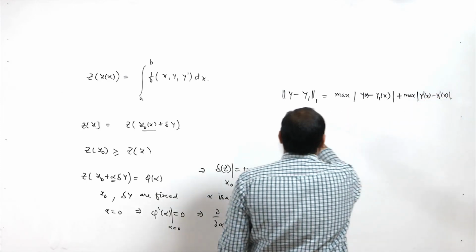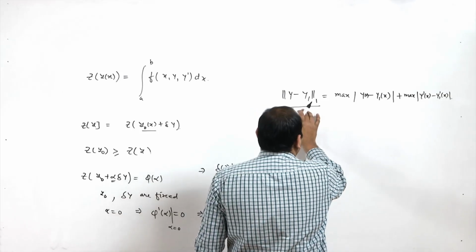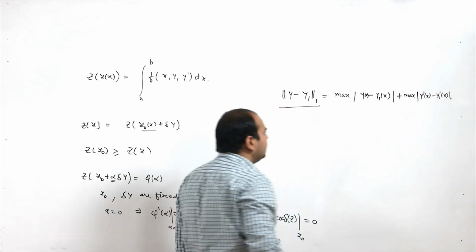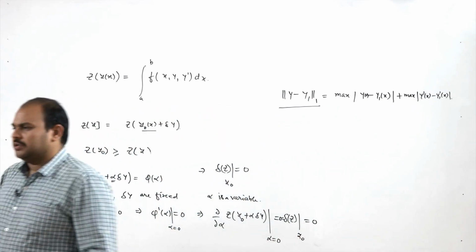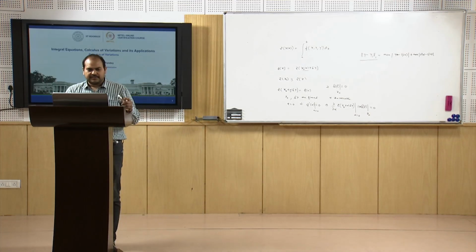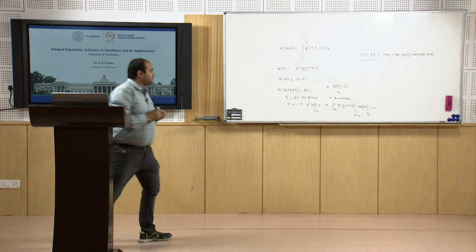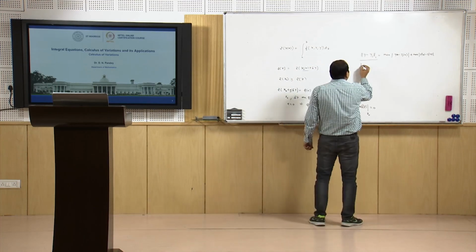So if this quantity is less than some number, if it is small, then these two are also very small.